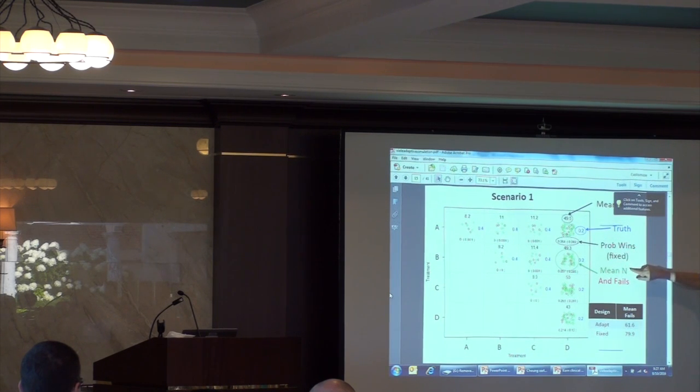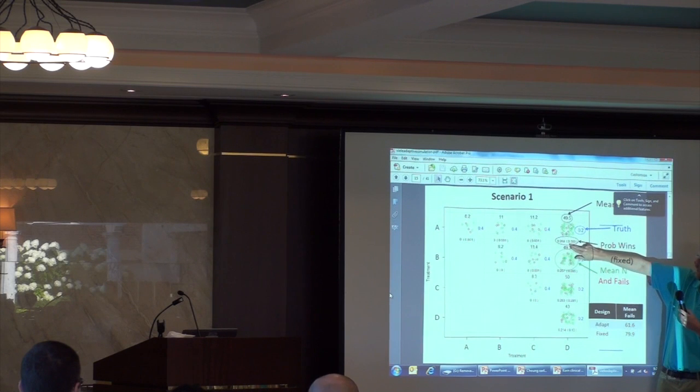The other piece of this is what do I say at the end of the trial? What treatment do I announce as the most effective? That's the bottom number here.